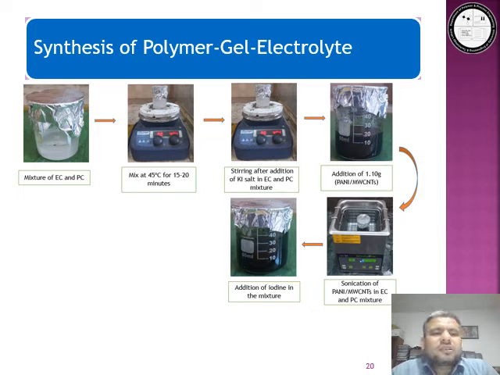Similarly, the next step is how to synthesize the polymer gel electrolytes based on the nanocomposite. The synthesized nanocomposite was used as a base material to prepare the polymer electrolyte. In the first step, ethylene carbonate and propylene carbonate were mixed in equal parts at 45 centigrade for 10 minutes with stirring at 300 rpm. Then 0.1 gram of potassium iodide salt was added to the above mixture and stirred at 80 centigrade for 60 to 80 minutes.